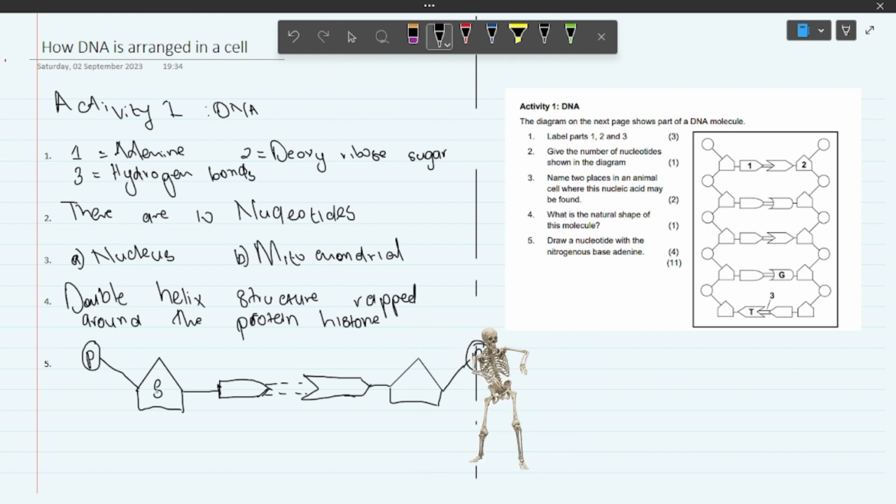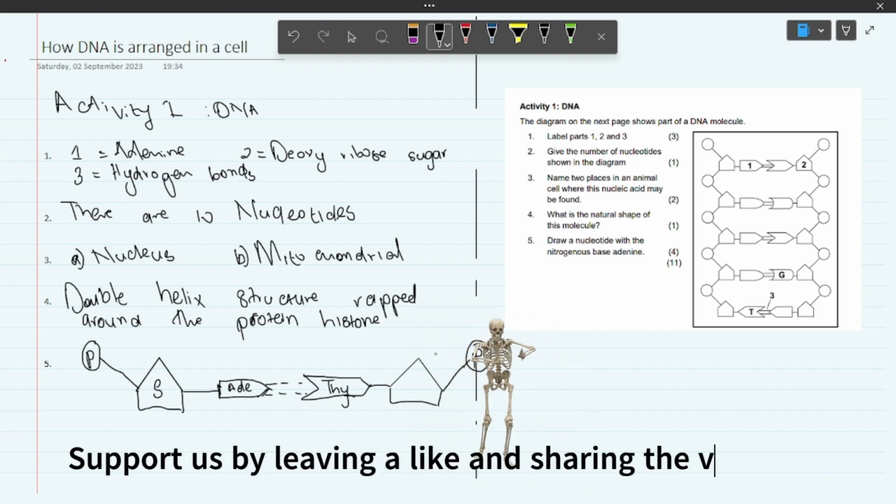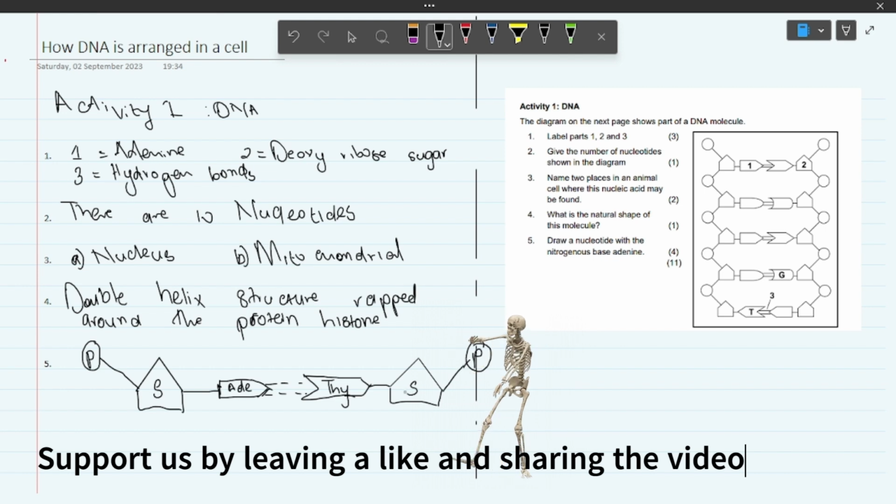This is the sugar, and these are our monomers. This is our nucleotide. This is Adenine, and this is Thymine. All right. So this is another deoxyribose sugar. So basically that is our short lesson for today.